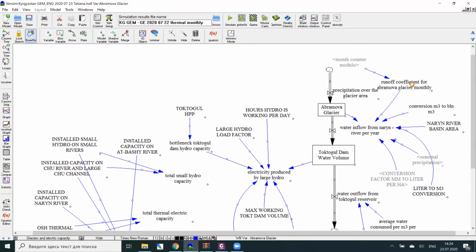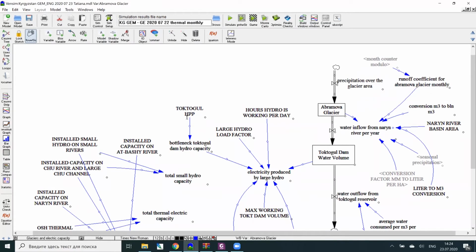Where do we have this area? The area is already inside the 22 square kilometers. Yeah, probably I should have done this as a separate value. You could use it as a separate stock and flow for the size of the glacier, but it's also fine to have it as a quantity of water, as long as you're able to match the trend in the stock of the size of the glacier.